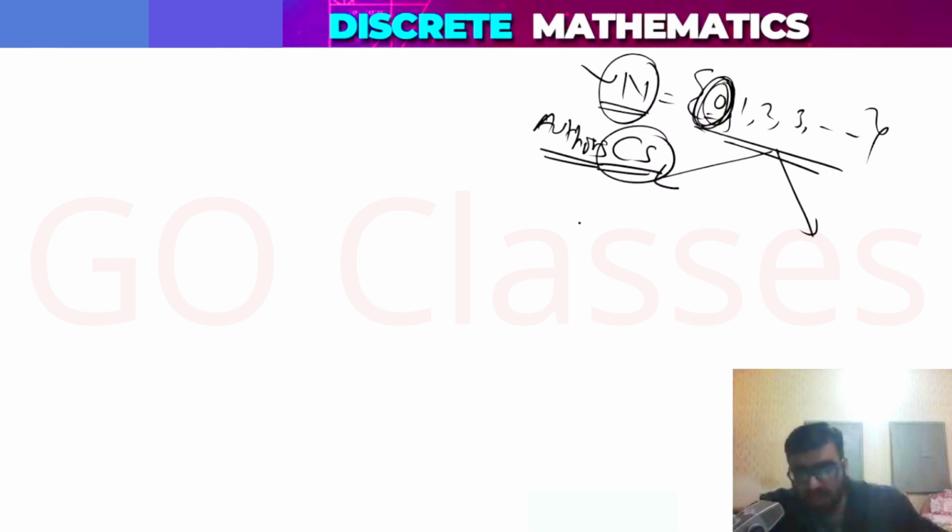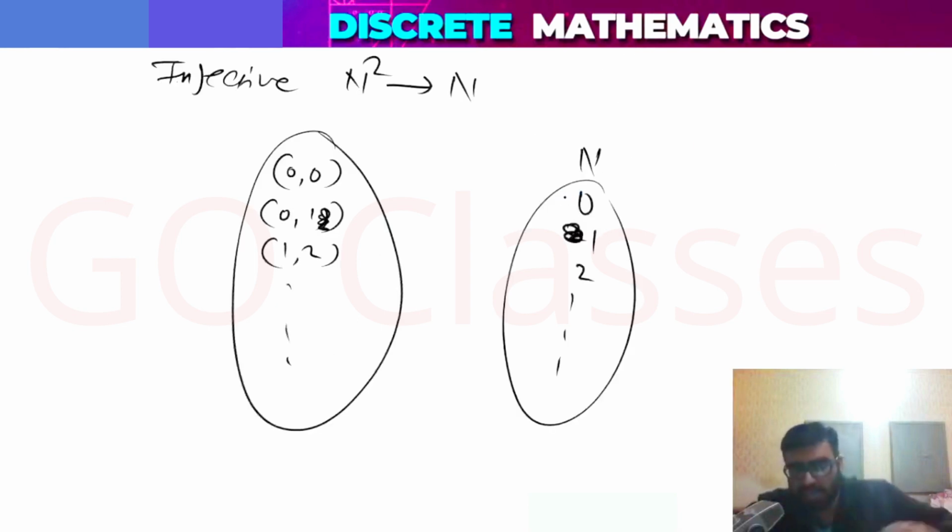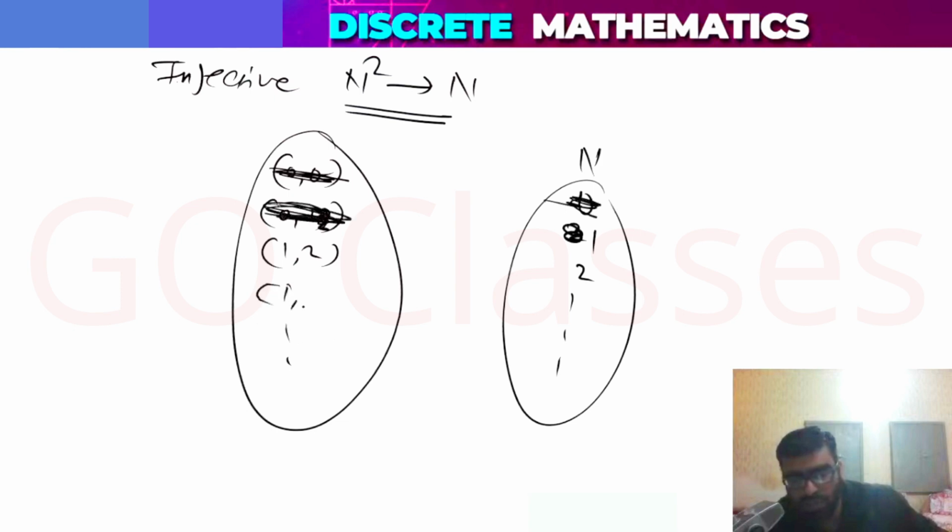Different authors define it differently. Anyway, in this example we are assuming that the set of natural numbers has 0, but that is not required. If you do not want to take 0, then just remove it and start from 1, 2, 3 and so on. This one element won't change anything.